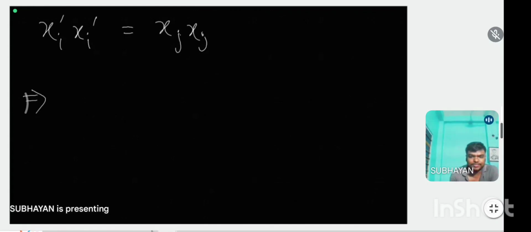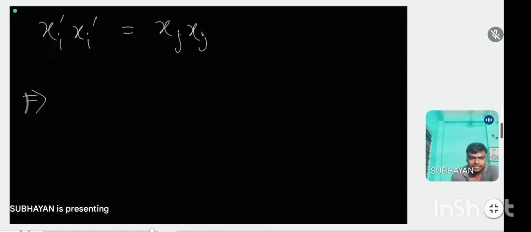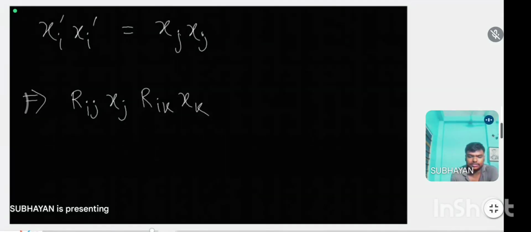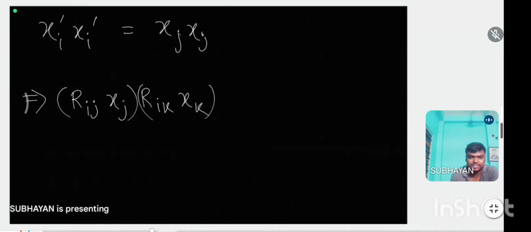Now what is xi prime? You can put the value of xi prime, which is Rij xj and Rik xk. I am using different dummy indices for the values of xi prime, and xi xi equals xj xj.